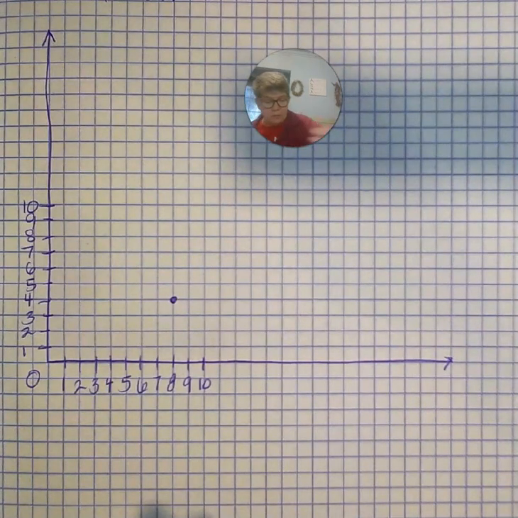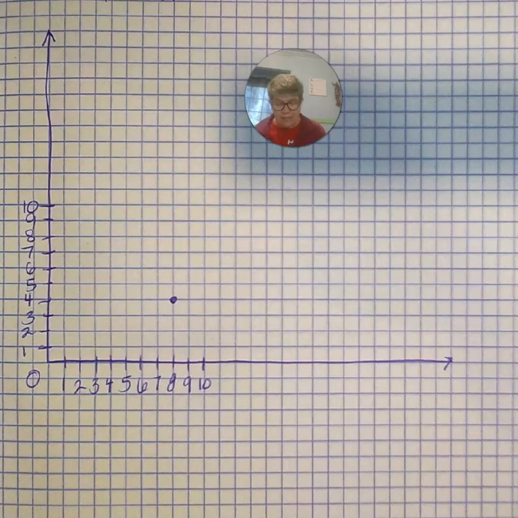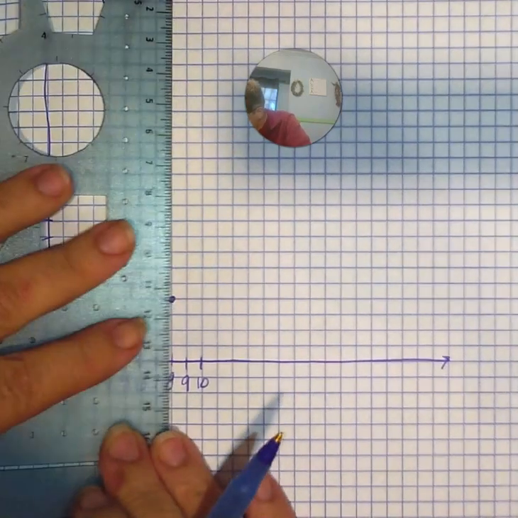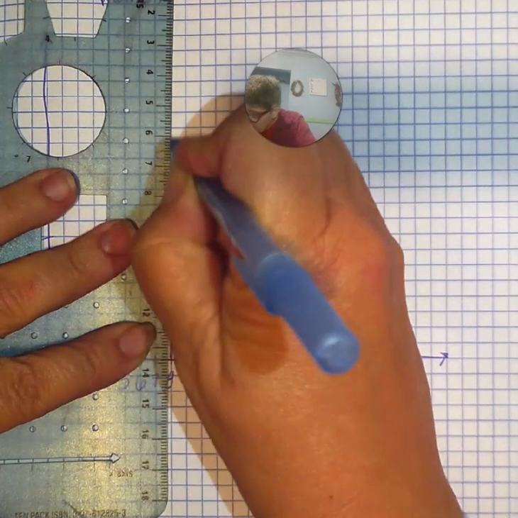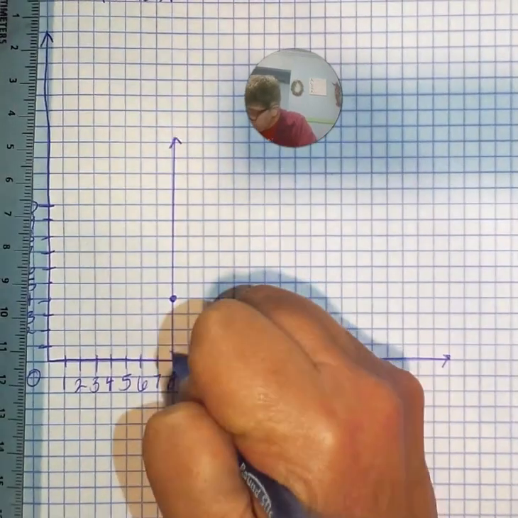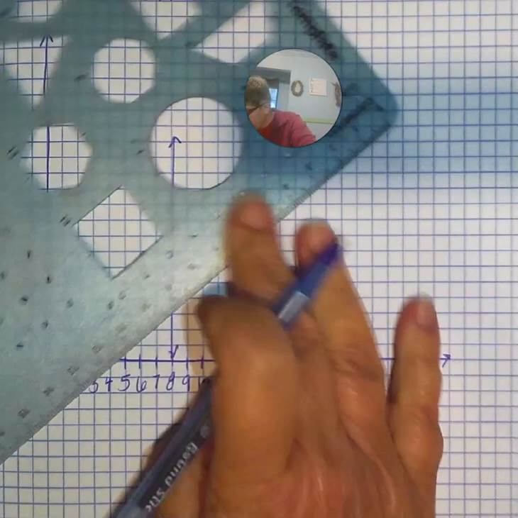So anyway, you're going to get a straight edge, and you're going to draw as many lines through point 8, 4 as you can. All right, so go ahead and draw lines. Don't forget, lines have arrows at the top and at the bottom.